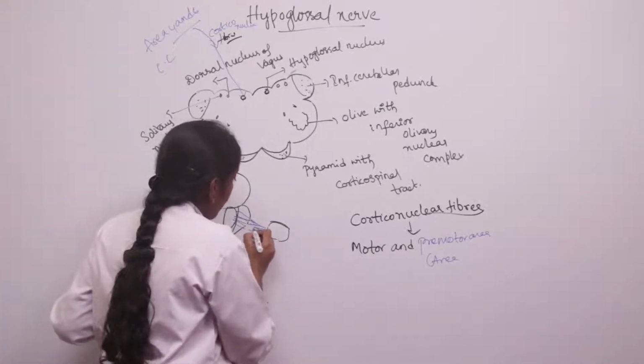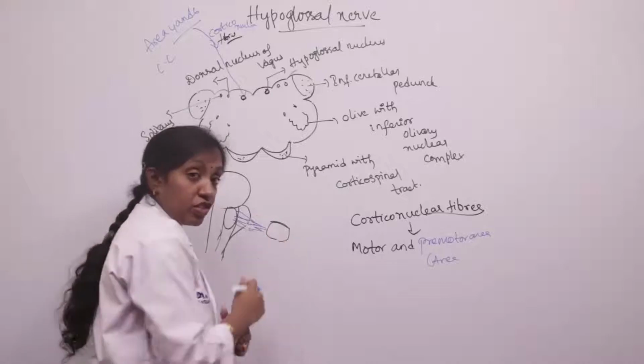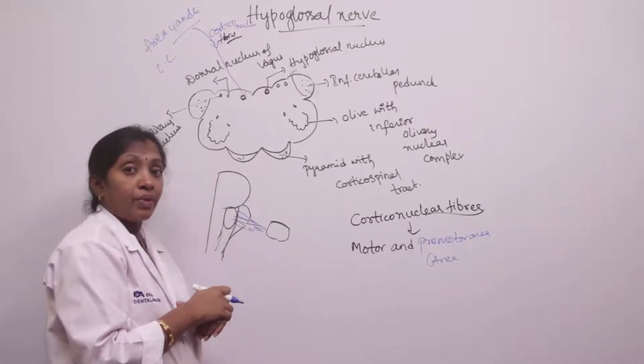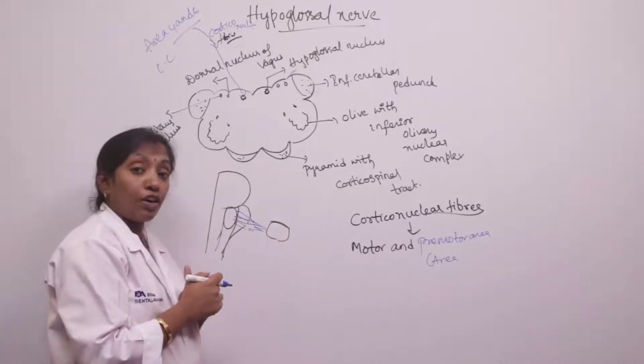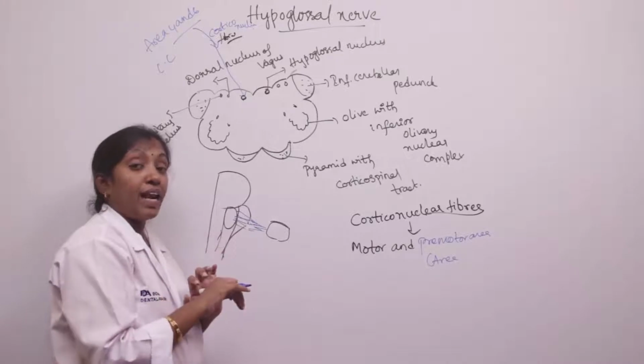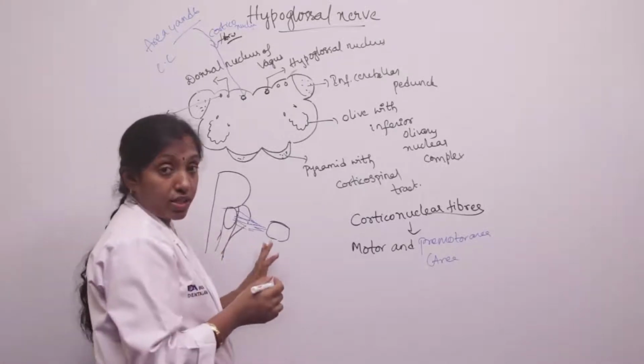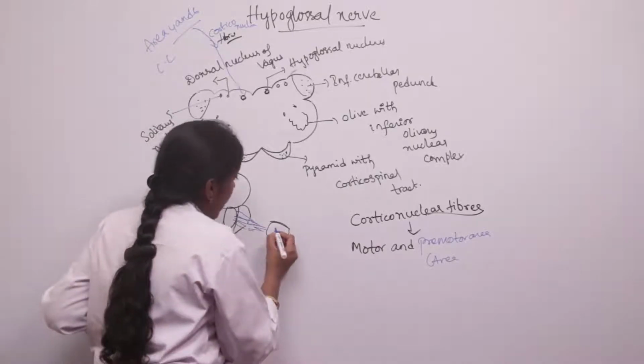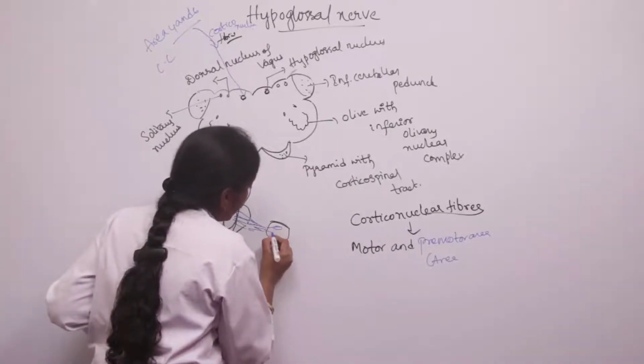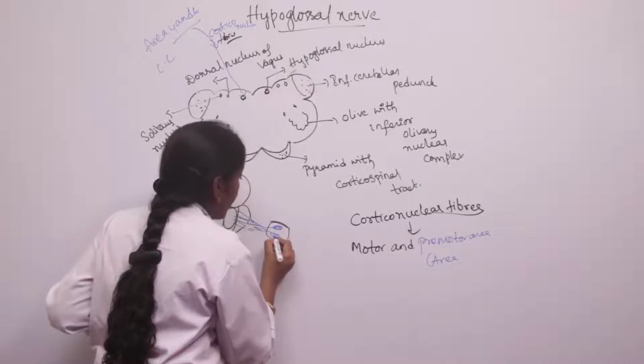They reach the hypoglossal canal behind the fourth part of the vertebral artery, and these rootlets are arranged in the form of 2 bundles in the hypoglossal canal.